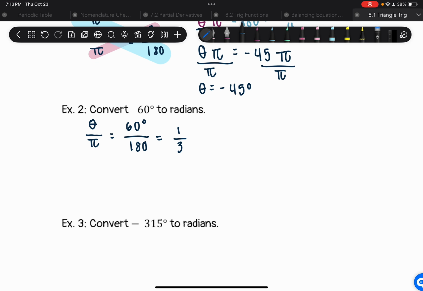I don't know, just kind of easier for me to work with. So I have theta over pi equals 1 over 3. And then it equals 1/3 over pi.